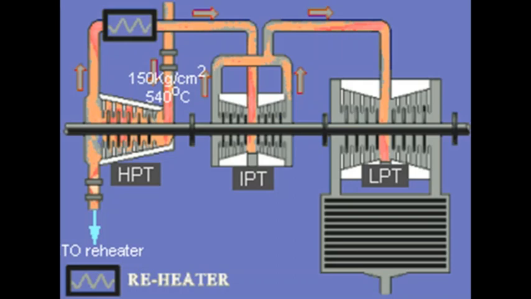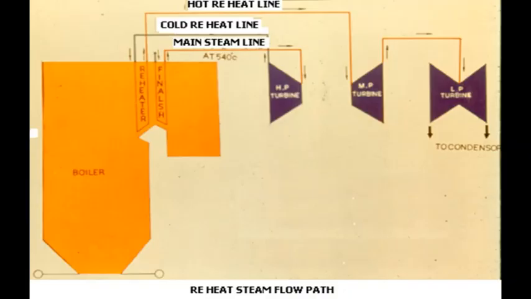In large utility boilers, we have a separate arrangement for enhancing the total cycle efficiency, which is called resuperheating or reheating.